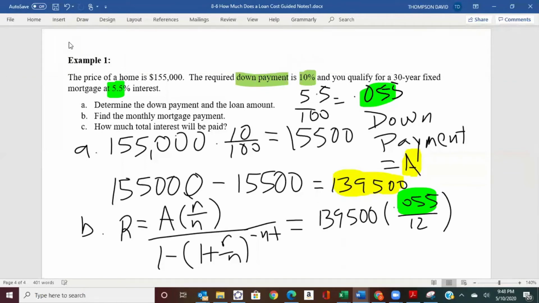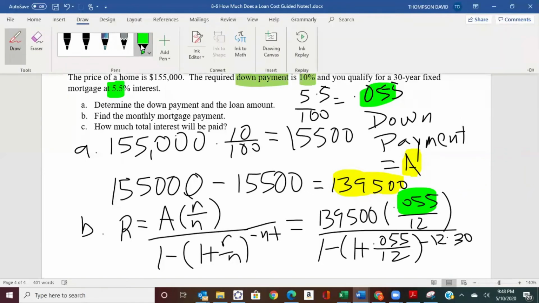They're typically compounded monthly. 1 plus 0.055 divided by 12 to the negative 12 times 30, since we're talking about 30 years.